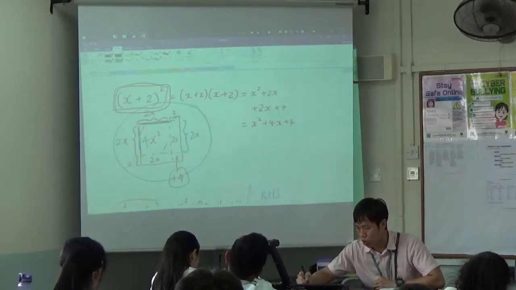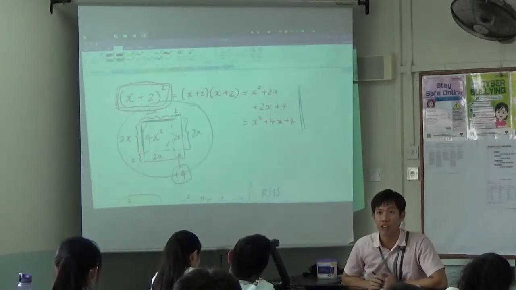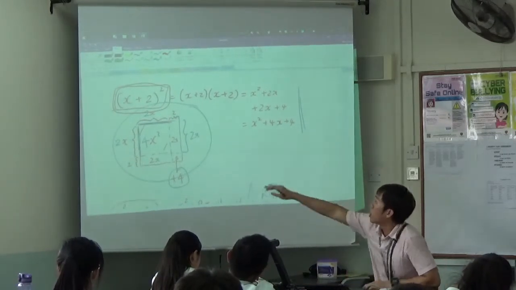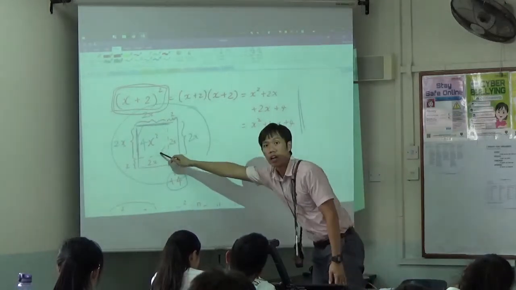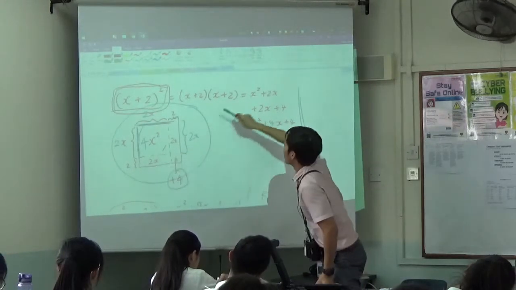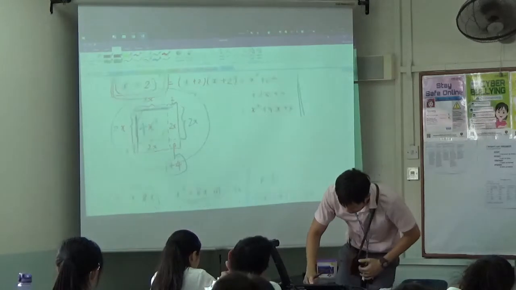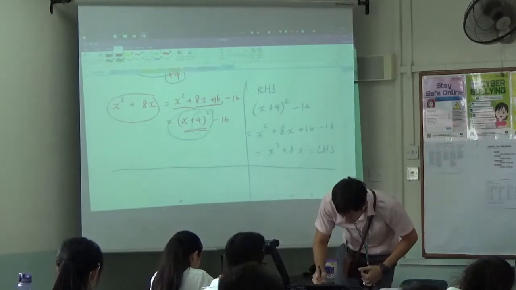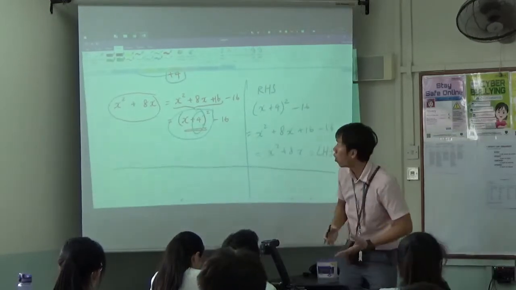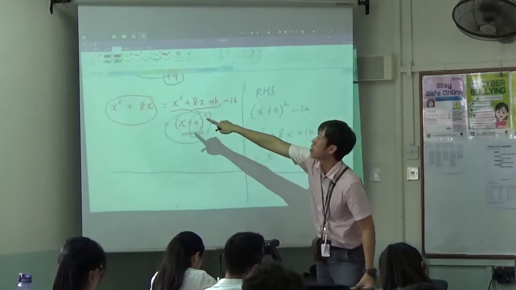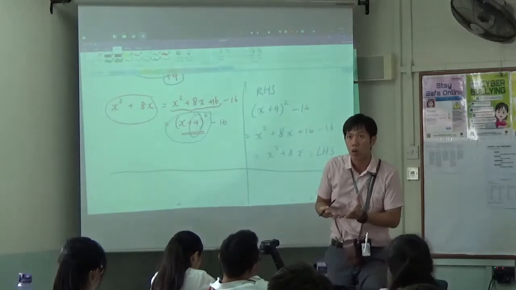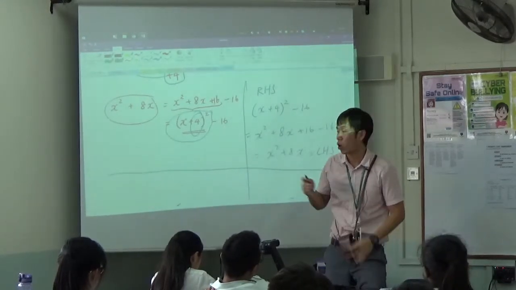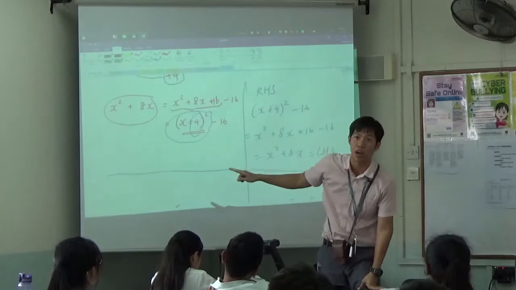And our completing the square process is going to be different, because I no longer have x squared. The process of getting the value 4 from this question, which is simply 8 divided by 2, and then we square it, will no longer hold, because there is a change in the coefficient of x squared.